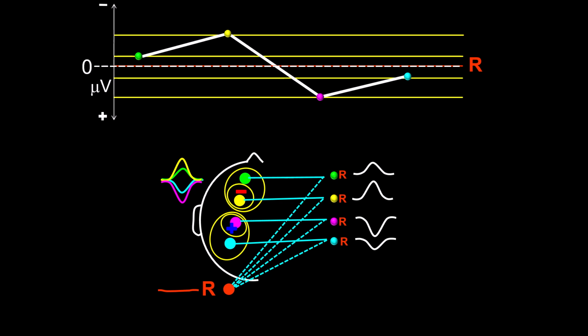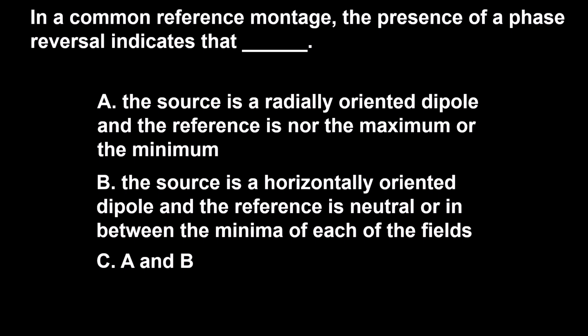Notice that the zero line and the reference line are at the same location in the middle of the voltage graph. As you can see, the isopotential map will not significantly change as long as the common reference is, as in this frame, slightly more positive but not more positive than the least positive non-referential electrode, or slightly negative as long as it is not more negative than the least negative of the non-referential electrodes. So the answer to this question is C.